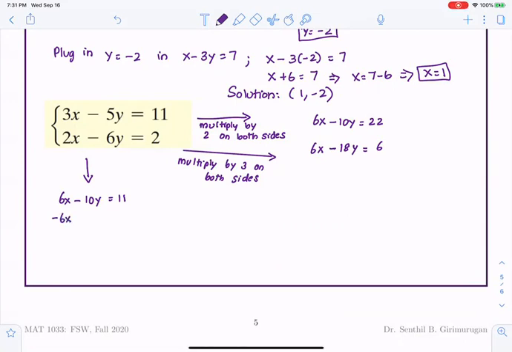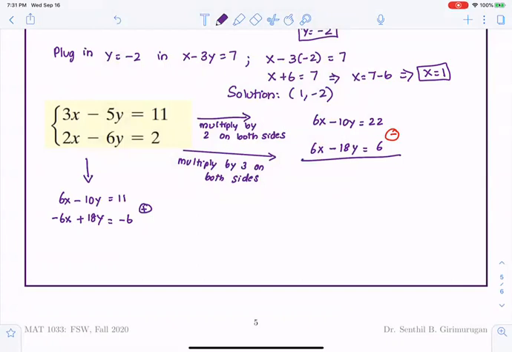So I have negative 6x, positive 18y, because negative 6 times negative 3 is positive 18. And we have negative 6. So in this case, I will simply add the two equations, but over here, I'll have to subtract the two equations.